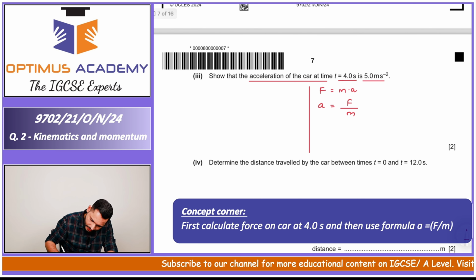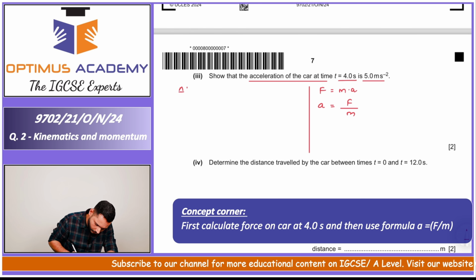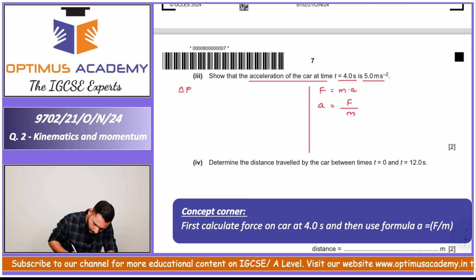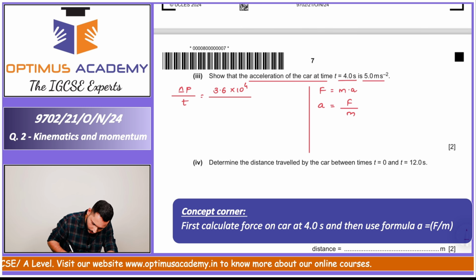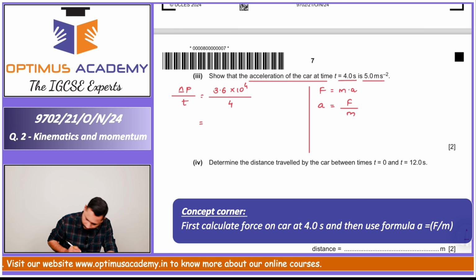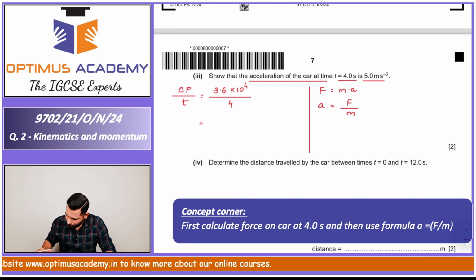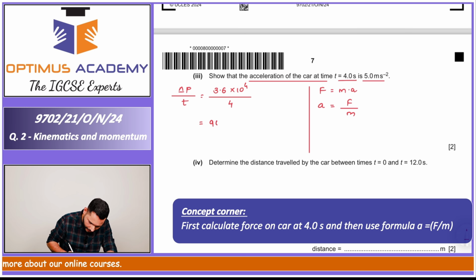So between 0 to 4, the change in momentum upon time will be 3.6 into 10 raised to 4 upon 4, which is 9,000 Newton.